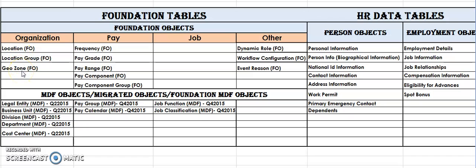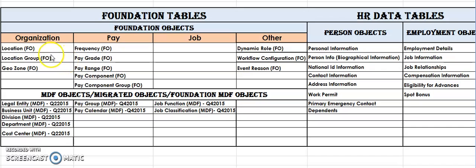See, for example, location may be Hyderabad. For the company we are implementing, it may have branches in Hyderabad, Bangalore, Chennai, Mumbai. So those are the locations. The location group can be Andhra Pradesh, Telangana State, Karnataka, Tamil Nadu, Maharashtra.